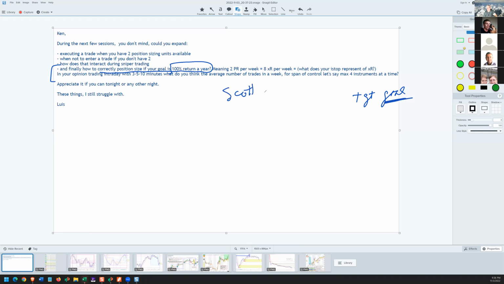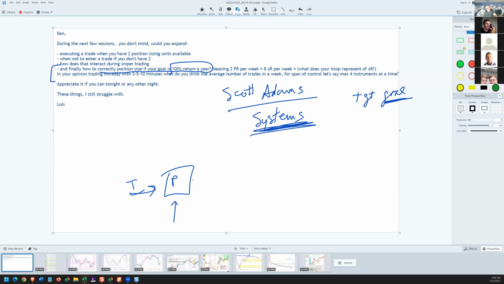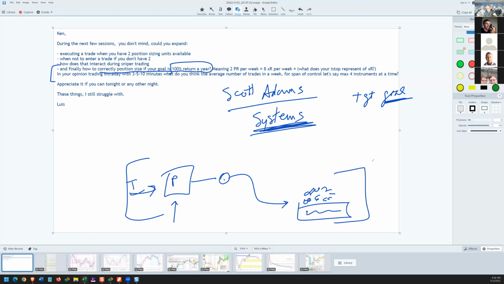I'm going to follow the advice of Scott Adams, the cartoonist and hypnotist who does Dilbert. And what he says, and I agree, is that you want systems that perform. You have some input and then a process that is carefully managed and an output, and then your output goes onto a pallet, and then you start stacking up your results, and you concentrate on good systemic process, and you let the goal take care of itself.